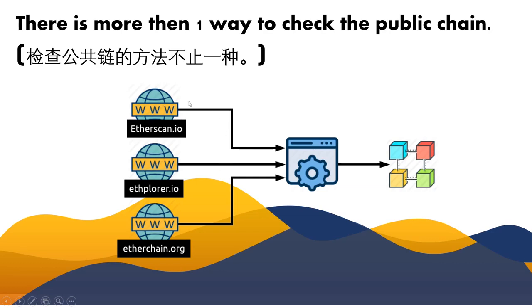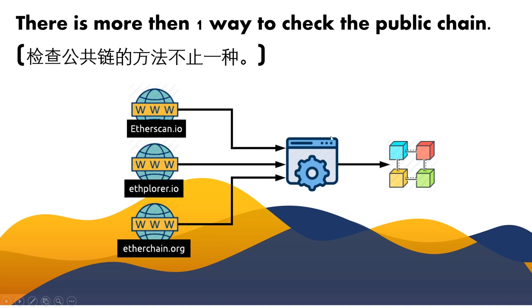This is just one of the ways to check Ethereum here. There's more than one way to check, and all of these blockchain explorers or Ethereum explorers should show you the same result. So let's use Etherscan as an example.